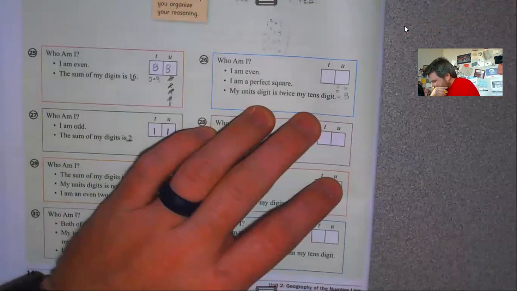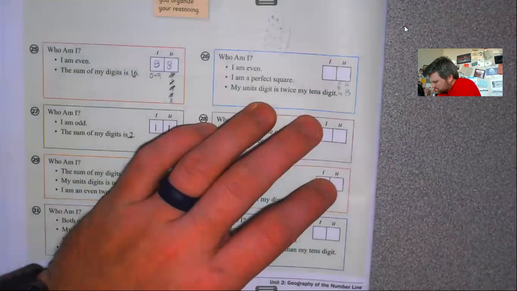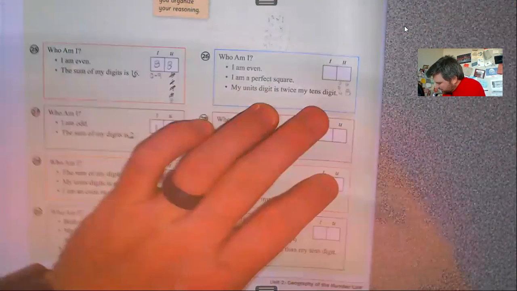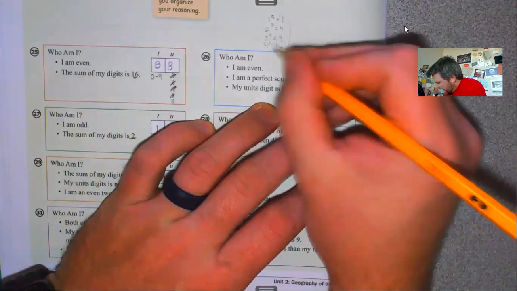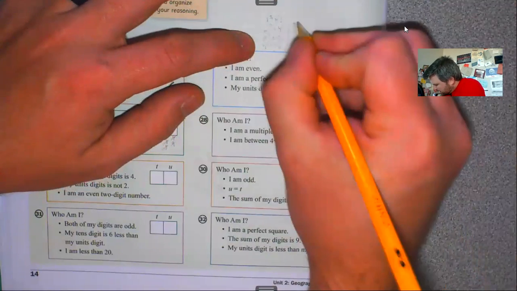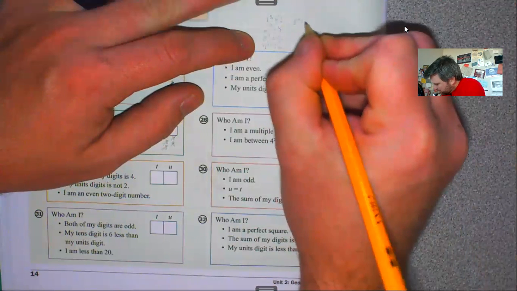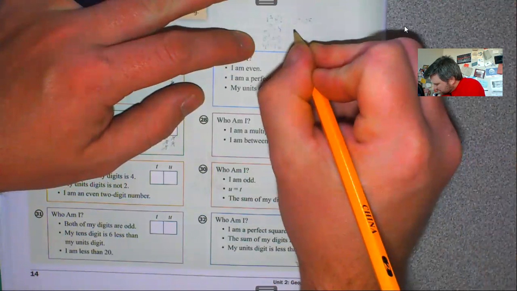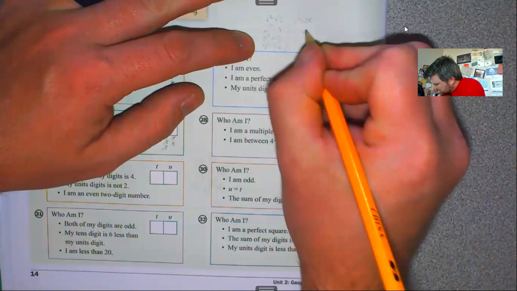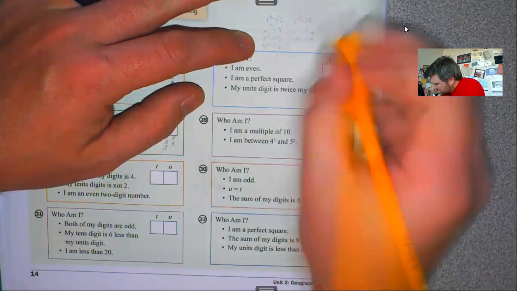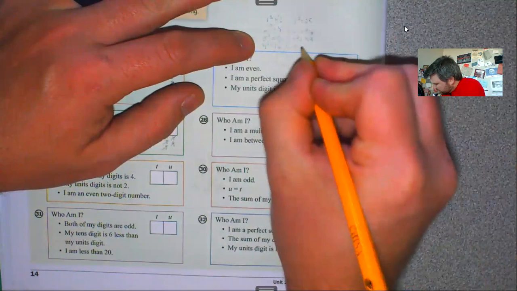Now, we need to use the perfect square here to figure out what we can have over here. So let's keep adding perfect squares. So 5 squared is 25. 6 squared is 36. 7 squared is 49. 8 squared is 64.